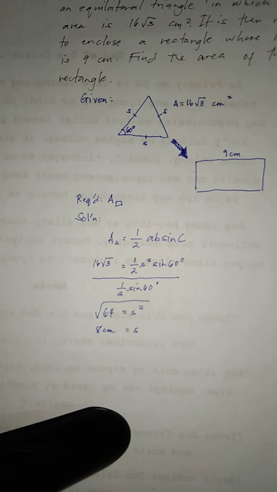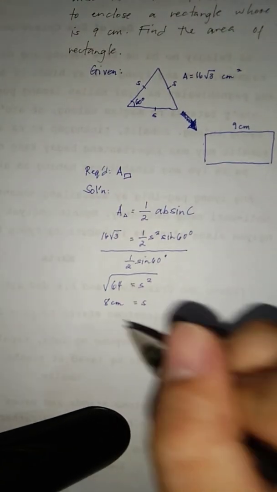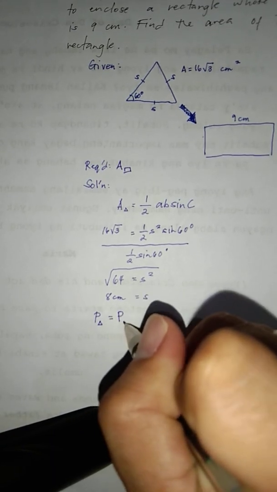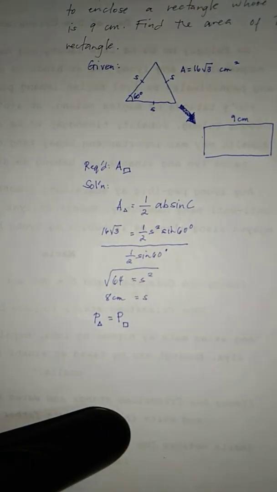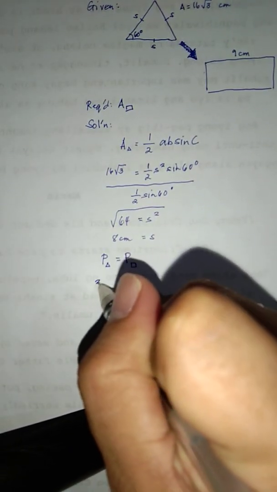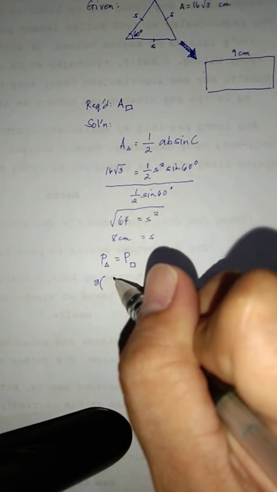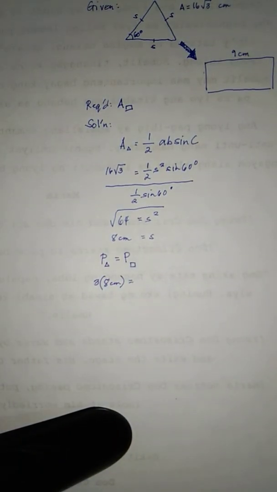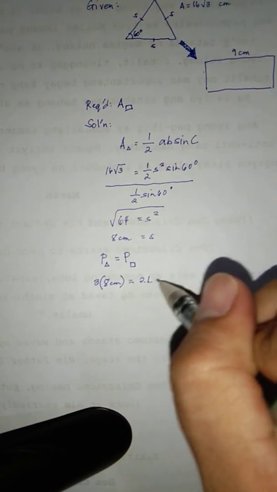So the length of either the triangle or the rectangle pertains to its perimeter. That means the perimeter of the triangle is equivalent to the perimeter of the rectangle, because they are of the same material. For the perimeter of the triangle, you have 3 times the length of each side, which is 8 centimeters, equals the perimeter of the rectangle, which is 2L plus 2 width.